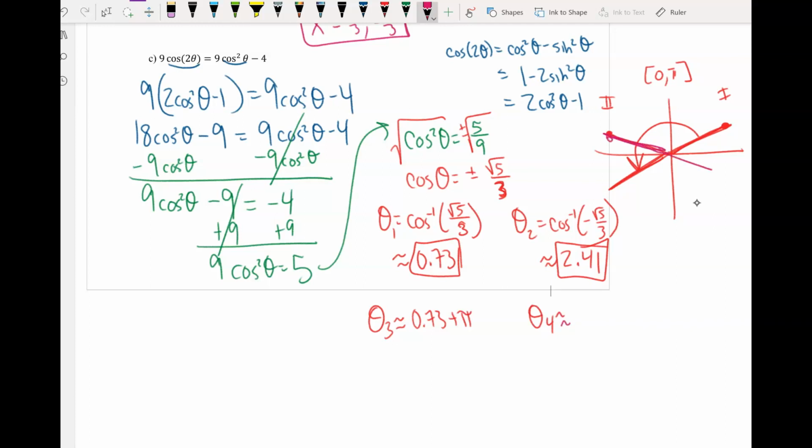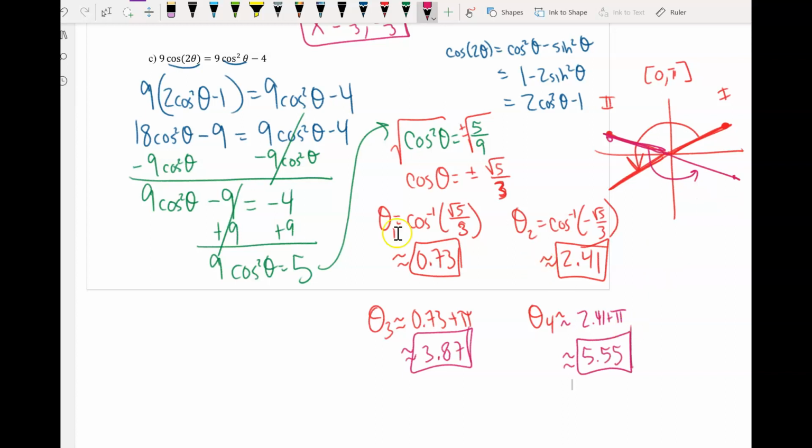My other one is going to be out here. So I'm going to add pi to that too. So 2.41 plus pi. So you're going to get 0.73 plus pi, that gives me 3.87. And my other one's going to be 2.41 plus pi. It's going to give me 5.55. So these are all 4 solutions that I got.